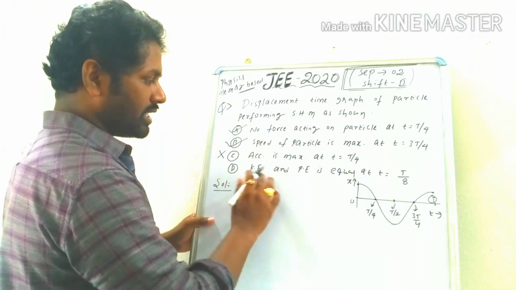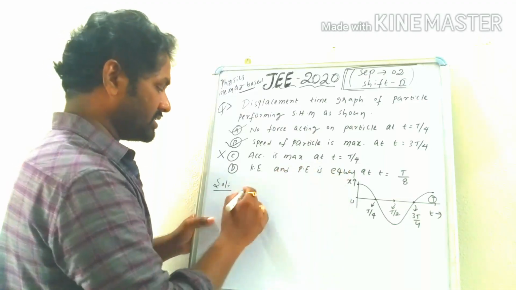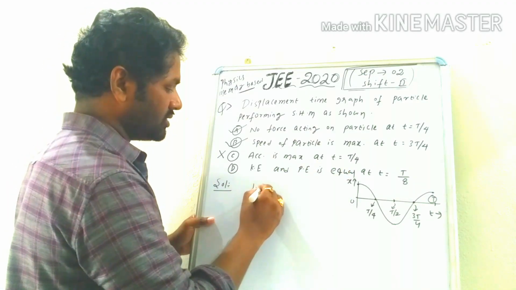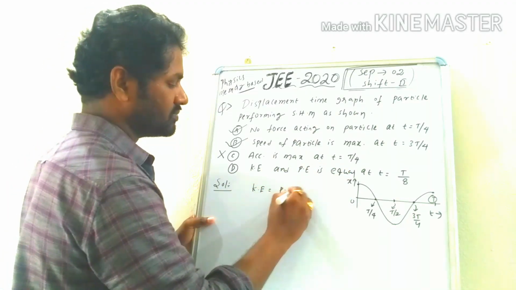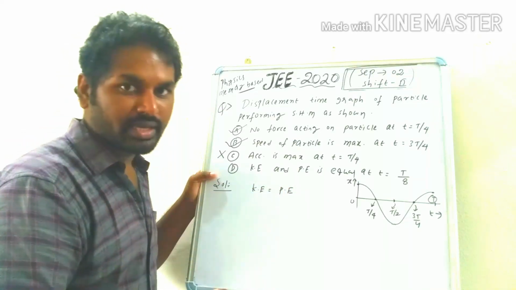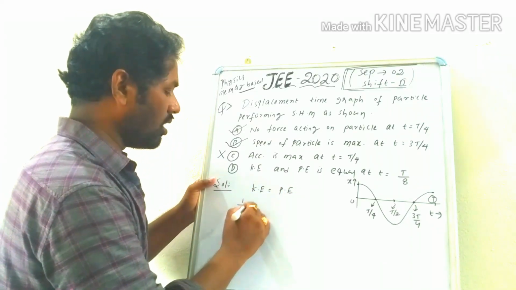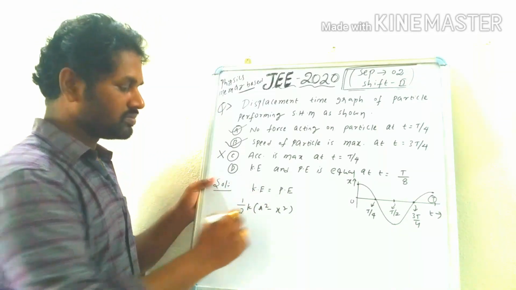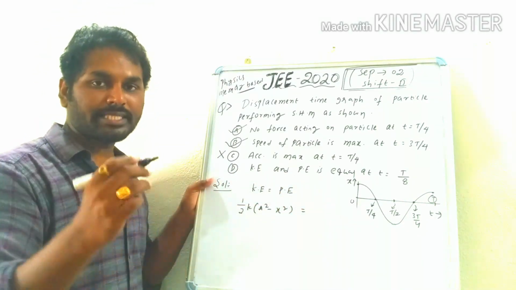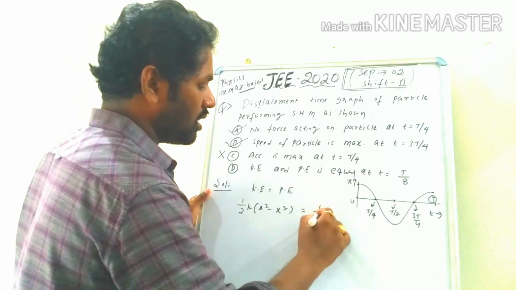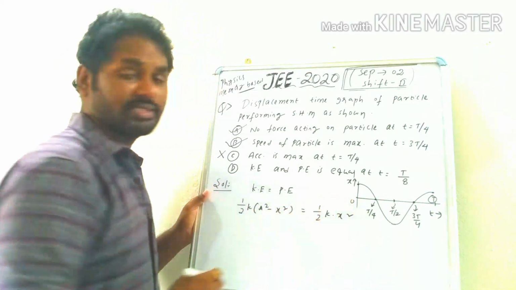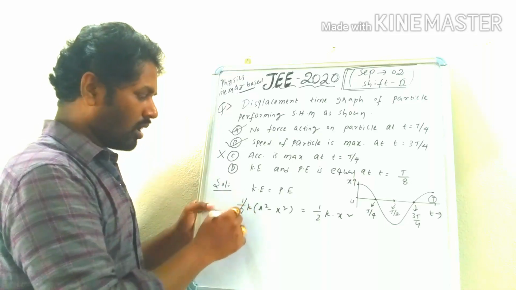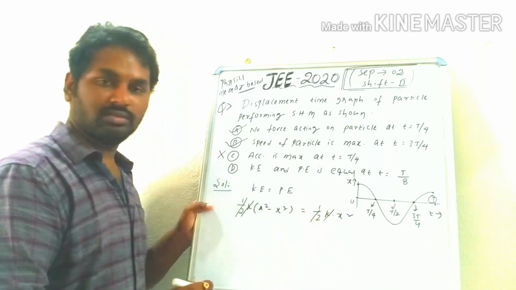So just take both the equations and equate them. So kinetic energy is equal to potential energy. So what is the expression for kinetic energy? Yes, half k into a square minus x square, which is equal to the expression for potential energy, half k into x square. Here half k gets cancelled.